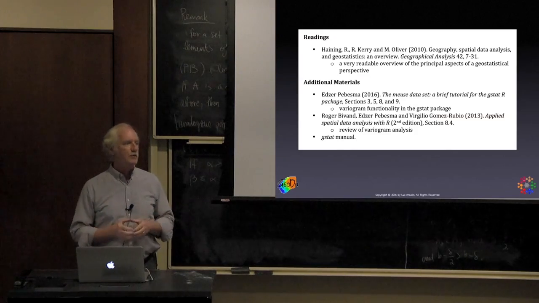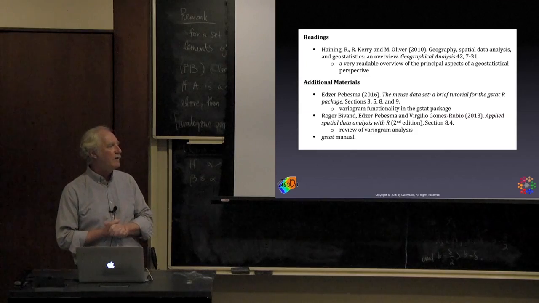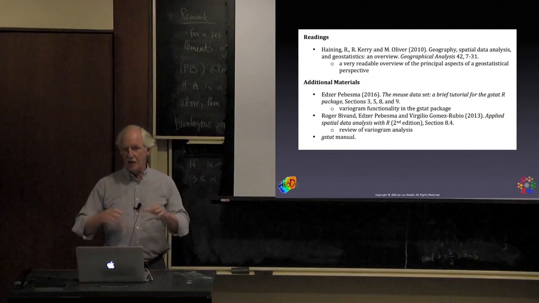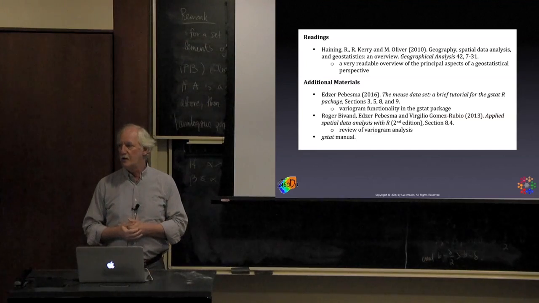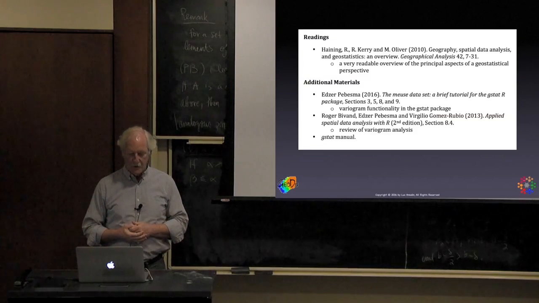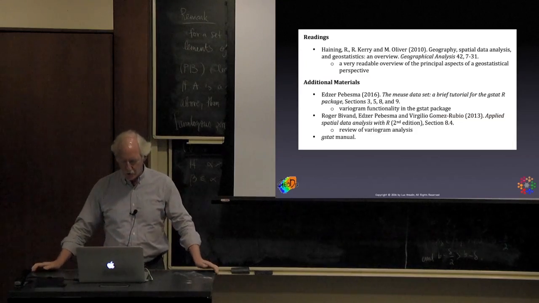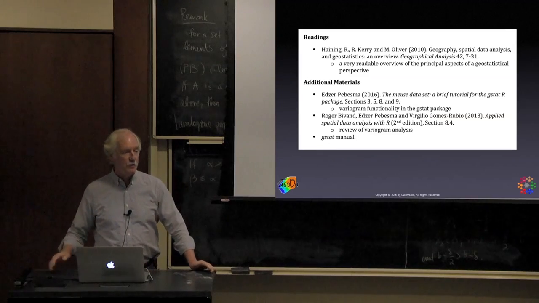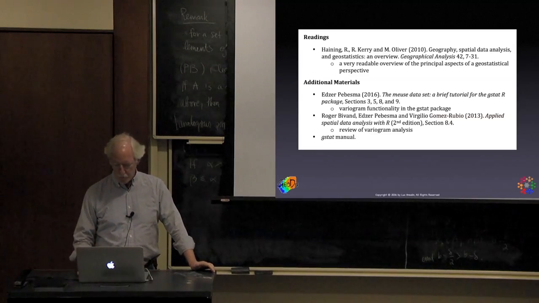We barely scratch the surface of what is in gstat, but there's a nice little vignette that uses a data set in the Netherlands with various pollutants in it. And then there's the manual itself. And then in the Bivand et al. book, there is a section that reviews this as well. This is a little more technical, more for R programmers.